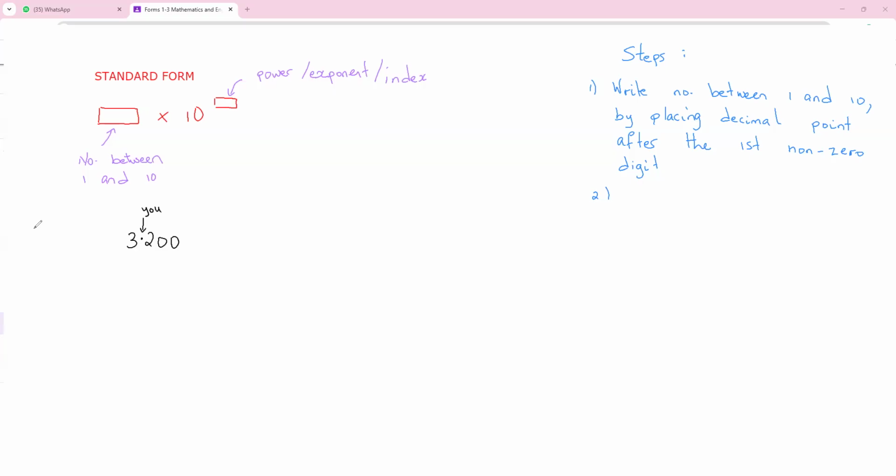Your second step is you're going to check the number of decimal places from where you put the point to where it was originally.